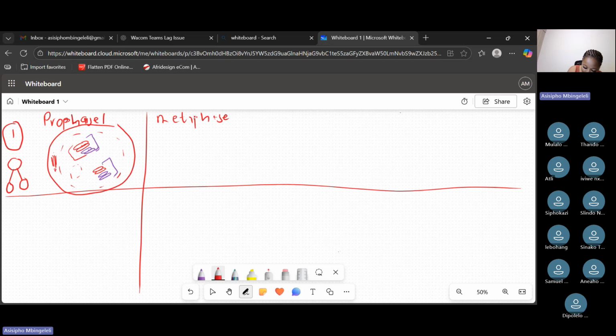Metaphase. Okay, this is the cell membrane, and then I'm going to show the chromosomes. So this will be the one chromosome, and this would be the other chromosome. Now, this happens randomly.